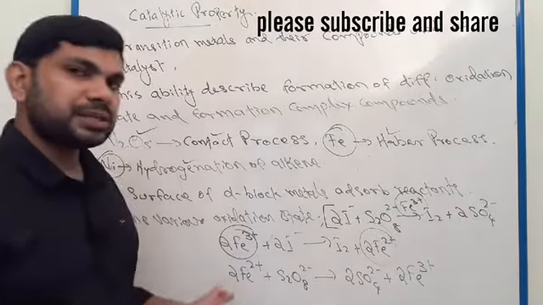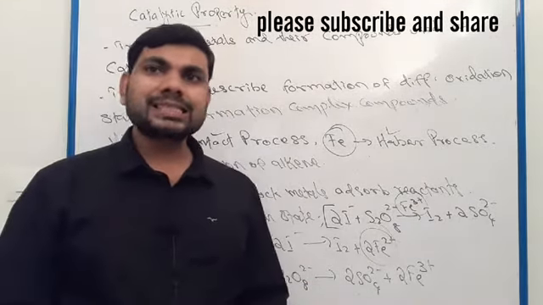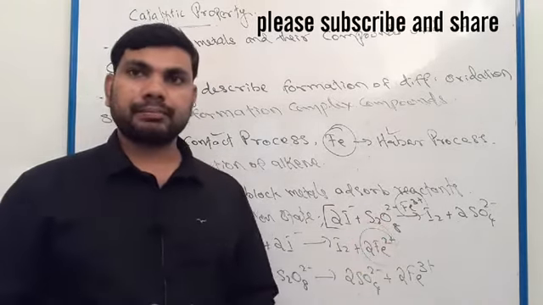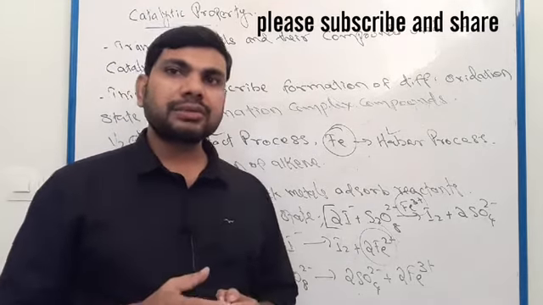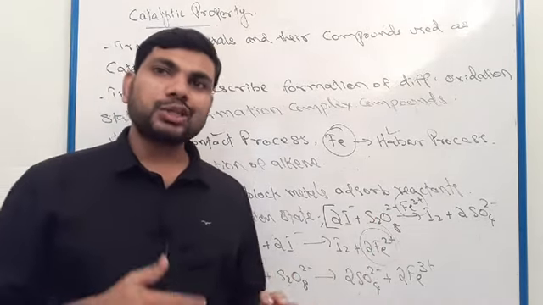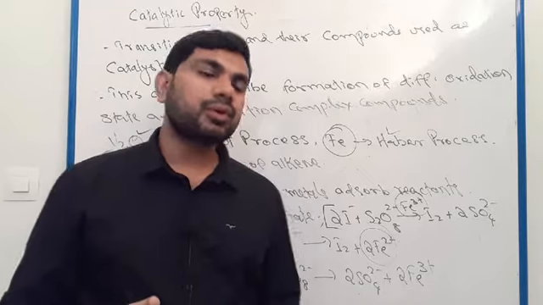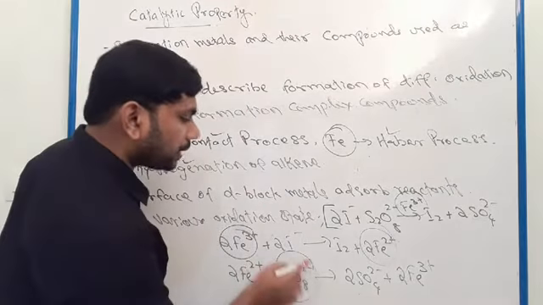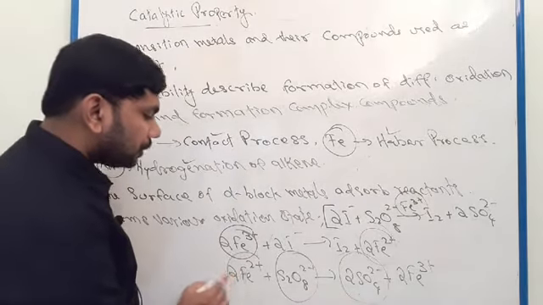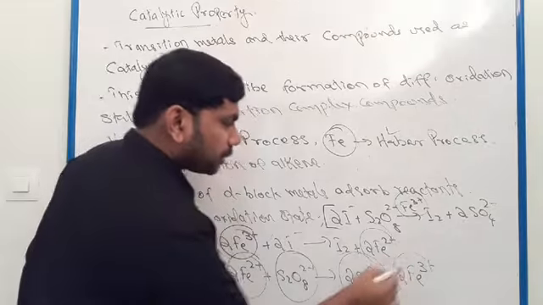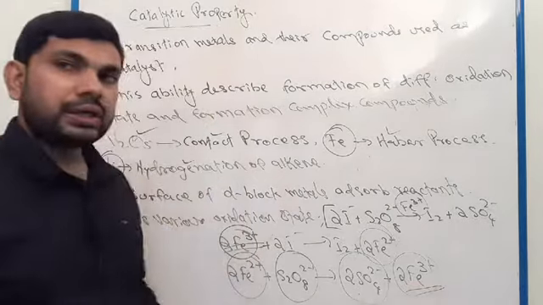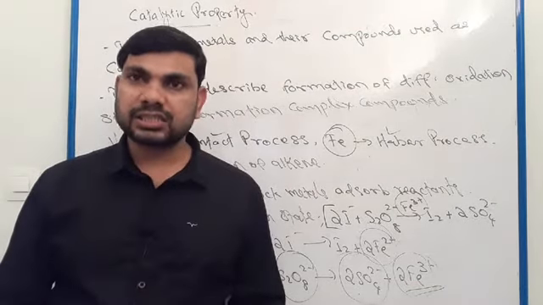In the next step, this Fe2+ reacts with S2O8 2-, and S2O8 2- changes to 2SO4 2-, and Fe2+ changes back to Fe3+. So in the beginning it was Fe3+, and finally it is Fe3+. So here Fe3+ acts as a catalyst.